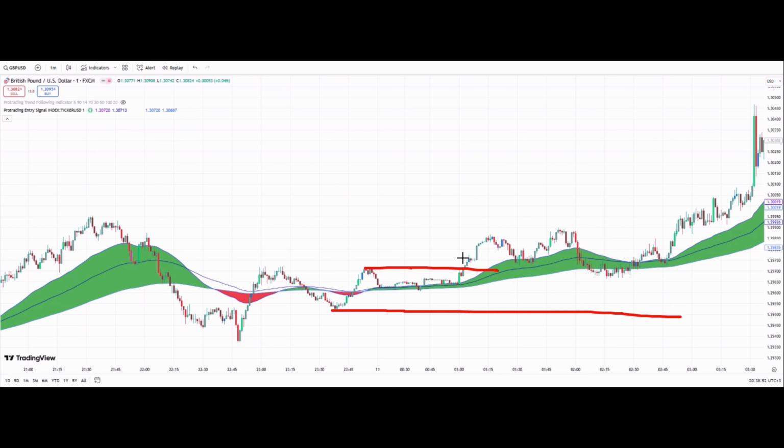Our target remains 1 to 1.5. So if we are risking 20 pips here, we also target to make 45 pips. So we continue with the trade.